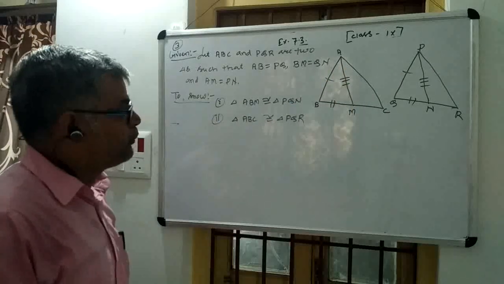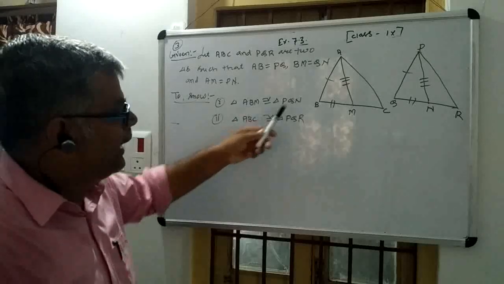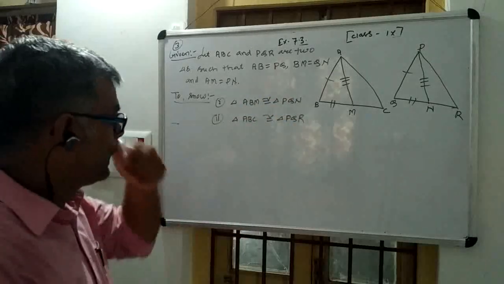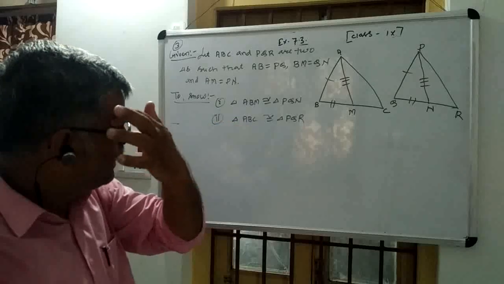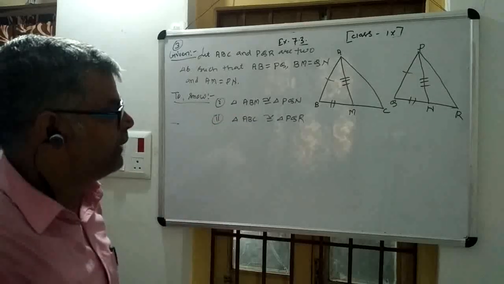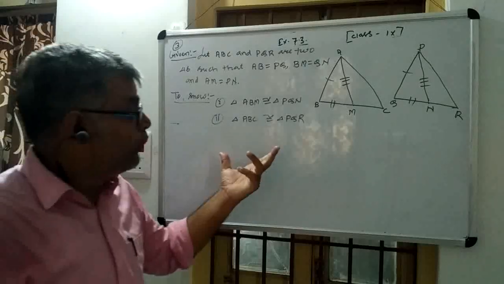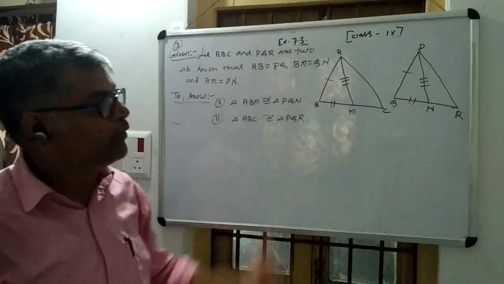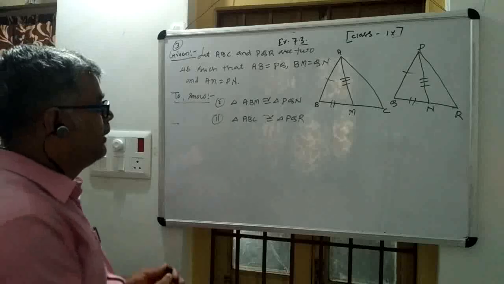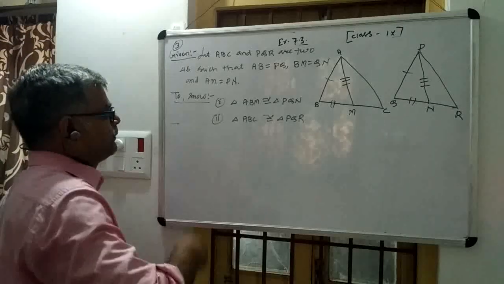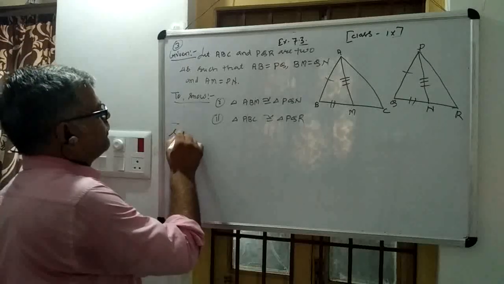Now first we have to prove that triangle ABM is congruent to triangle PQN. The first part is very easy because you need to prove three equalities, and the three equalities are already visible. So let's see the solution of the first part.